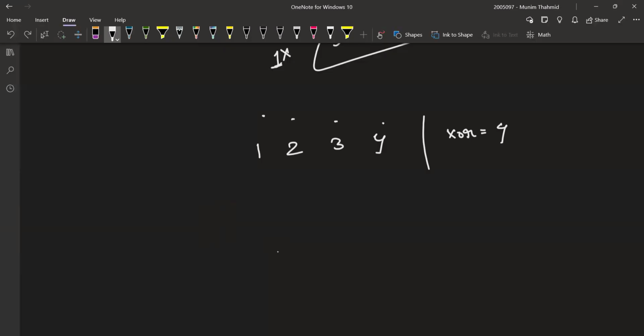What I'm trying to say is, what might be the three values? Like, what I would want to say: 1, 2, XOR them. 1 0 1 1 0 1 1 0 0 0 0.